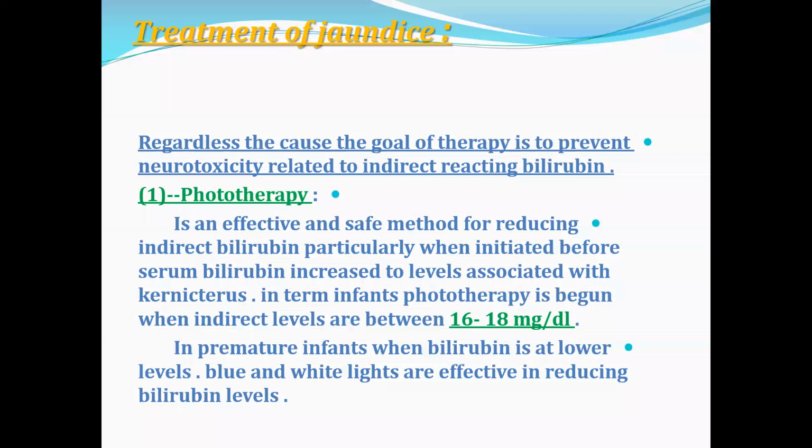Intermittent phototherapy is begun when the indirect level exceeds 16 milligrams per deciliter. In a premature infant, where bilirubin is at a lower level, it should be started early because we expect that the newborn may develop a high level for a longer duration. Both blue and white lights are effective in reducing bilirubin level.